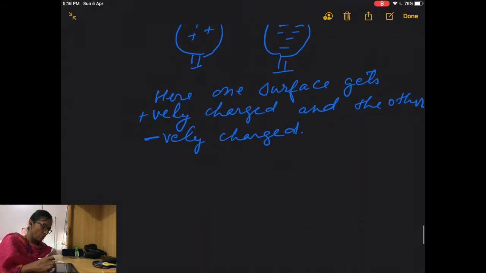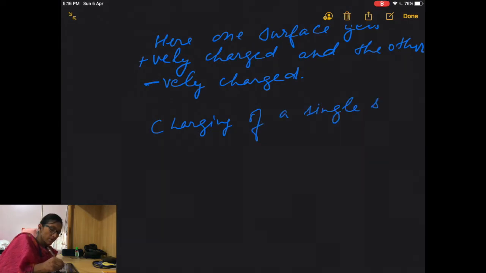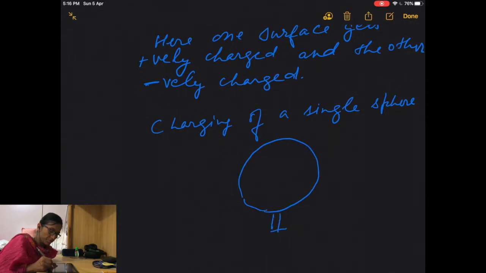Now, next topic is charging of a single sphere. We bring a charged body in a similar fashion. This time I am taking a positively charged body near this uncharged body.